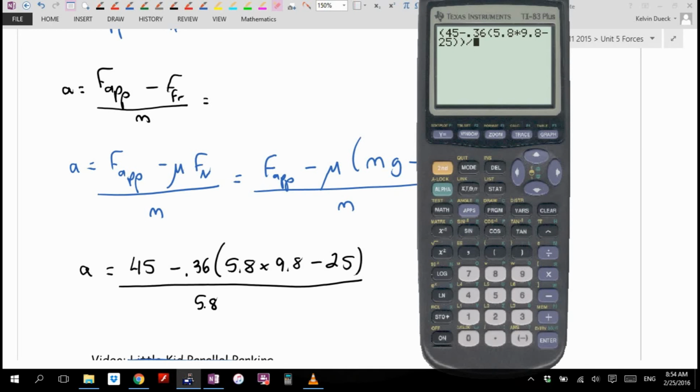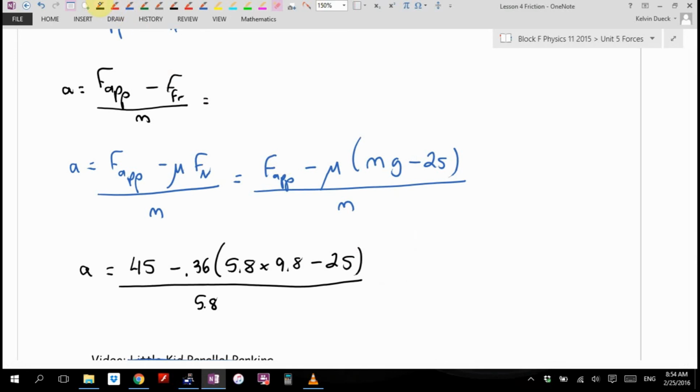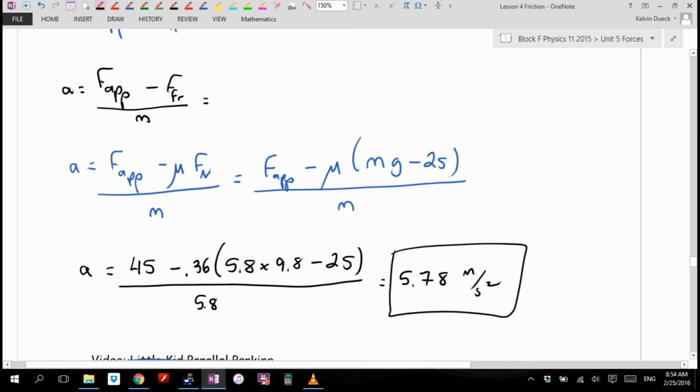Cohen, is there more than one thing on the bottom? Do I need brackets on the bottom? You can, but... And there's the 5.78. 5.78 what, Cohen? It's an acceleration. Units. Meters per second squared. Yes. You know what? That one gets a celebration box because that took a bit of work.